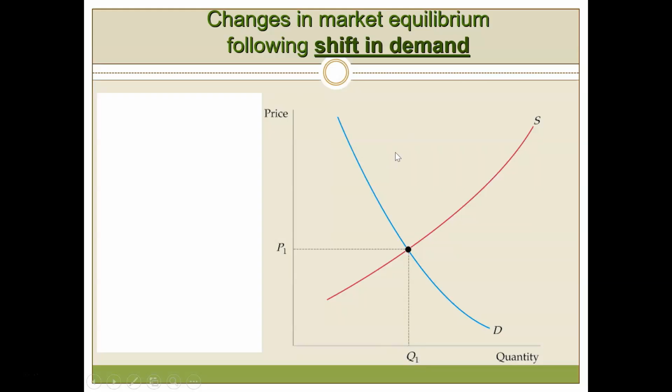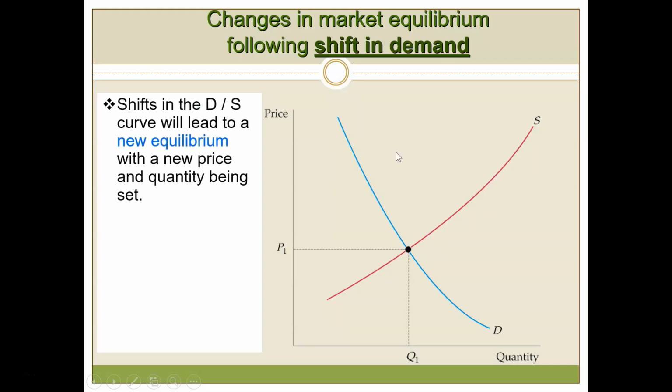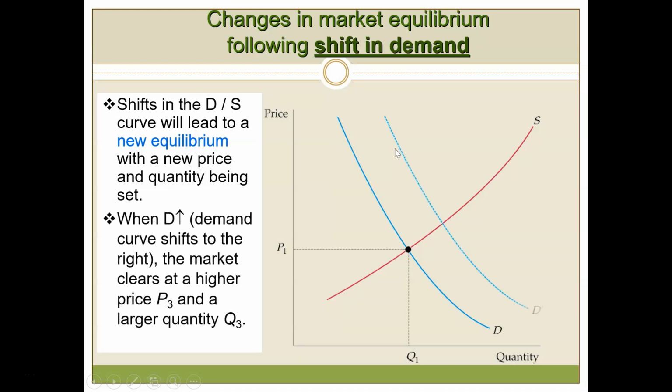Then we experience a shift in the demand curve. As a result of a shift in any of the curves, we will have a new equilibrium, which means that the market will clear at a new price and new equilibrium quantity. So, for example, when demand goes up, maybe because consumer income has increased, or we managed to run a very successful advertising campaign which increased demand for our products, this will shift the demand curve upwards, and the new demand curve will be shown by this dotted line labeled D prime.